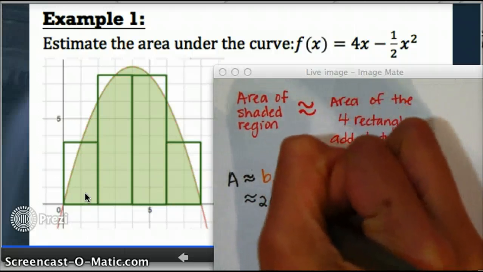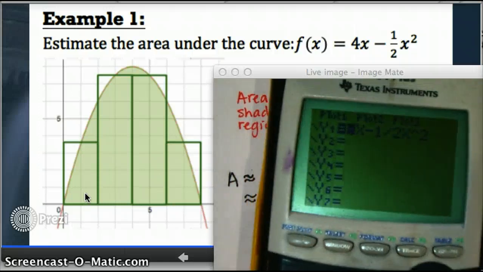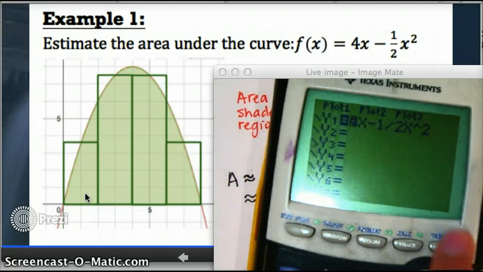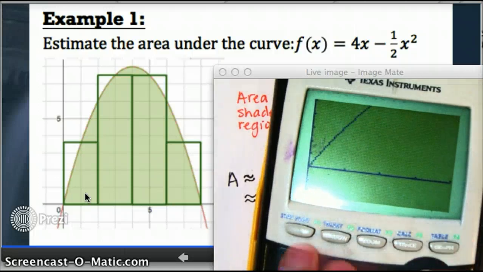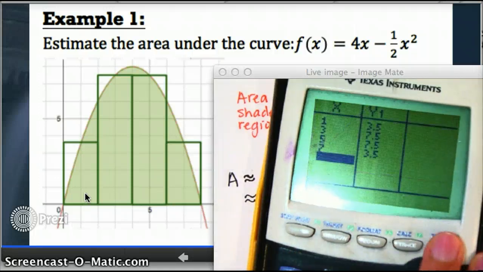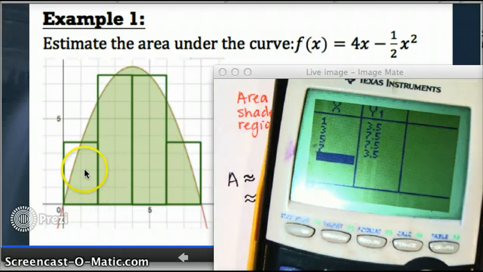You can also, since we're about to do this a bunch of times, put the equation into y equals, looks something like this, and then go to your table. And, oops, that's the graph. When you go to your table, you can use the table function to calculate the heights exactly. And you want to calculate the height at 1, which is the midpoint of the first rectangle, and then at 3, which is the midpoint of the second rectangle, and then at 5, which is where the third rectangle has its height, and then at 7, which is where the last rectangle has its height.